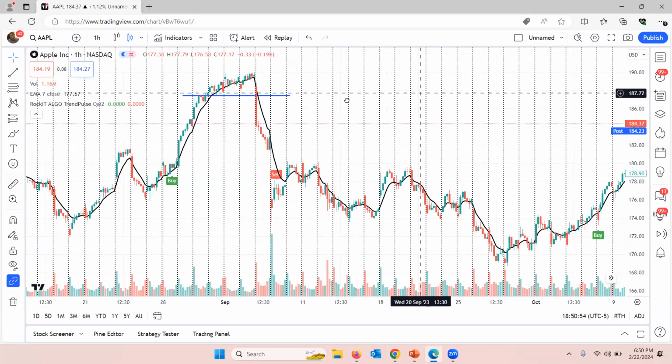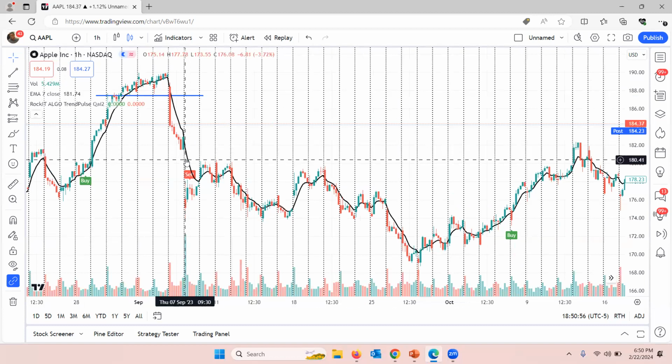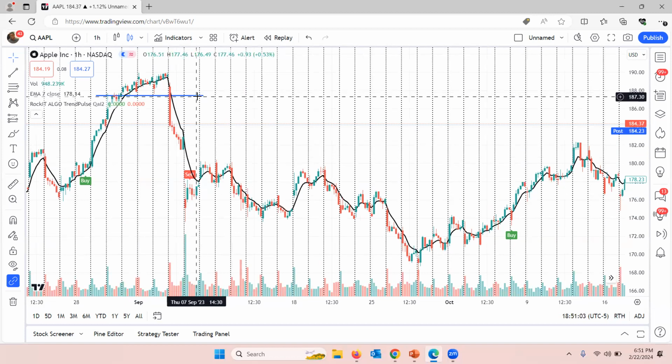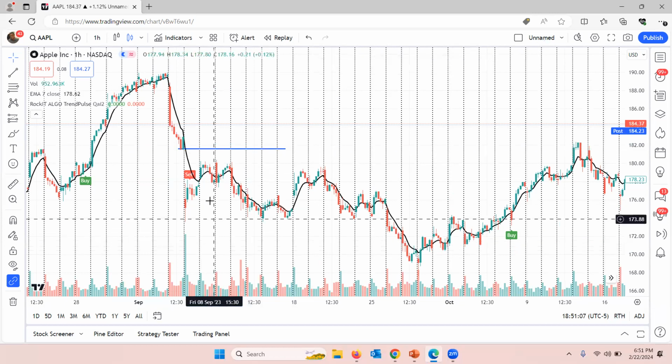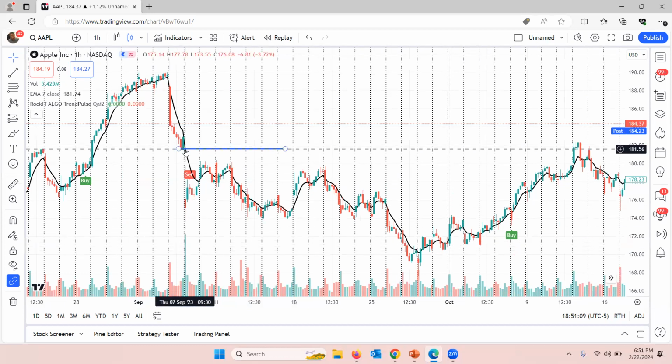Now here, there's a gap and it's a sell signal. In this case, you see this is the most previous low before. So this would be our trigger line. We would wait to get out of the trade in two ways: either an opposing buy signal comes, or the 7 EMA crosses above in a downtrend.